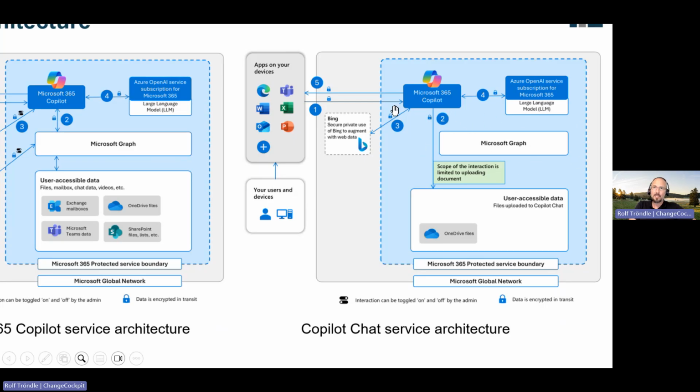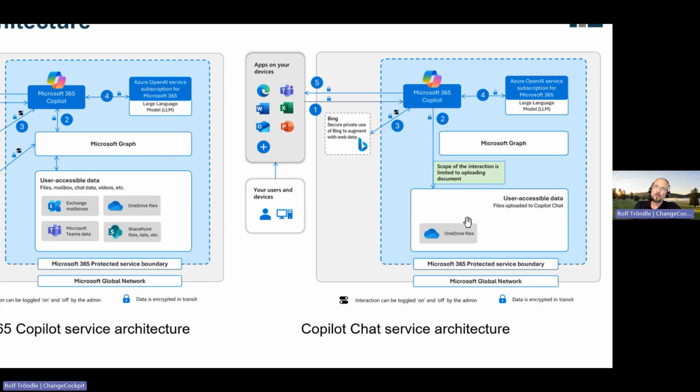They still have access to the Bing services if enabled. By default, it's enabled in a tenant, and they only have the web tab and not the work tab. So that's what's going on within the web tab. The scope of interaction can still be set, but is limited to uploading a certain document, even from your Drive or from OneDrive services.